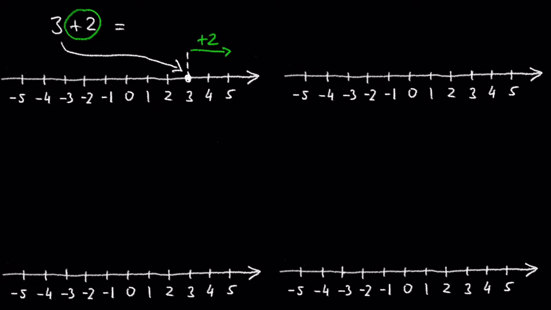The size of the number is represented by the length of the arrow. So an arrow for plus 1 would have the length of 1, and an arrow for plus 3 would have the length of 3. We have in our example an arrow of plus 2 with the length of 2. The sum is a number directly below the tip of the arrow, which is 5 in this case.